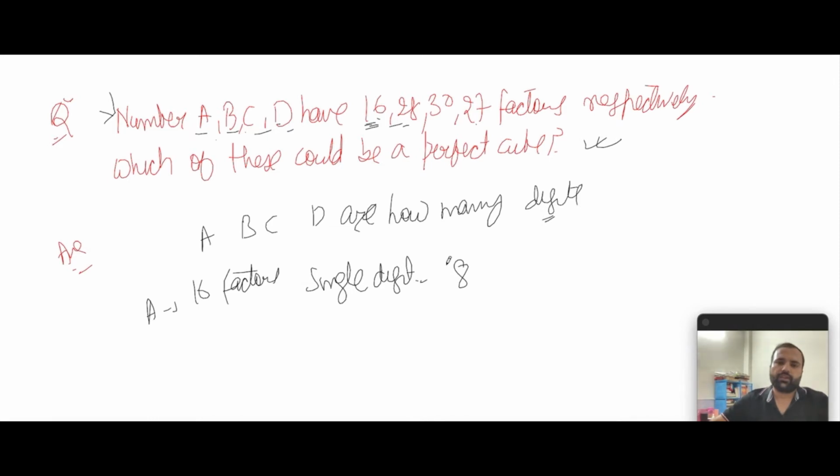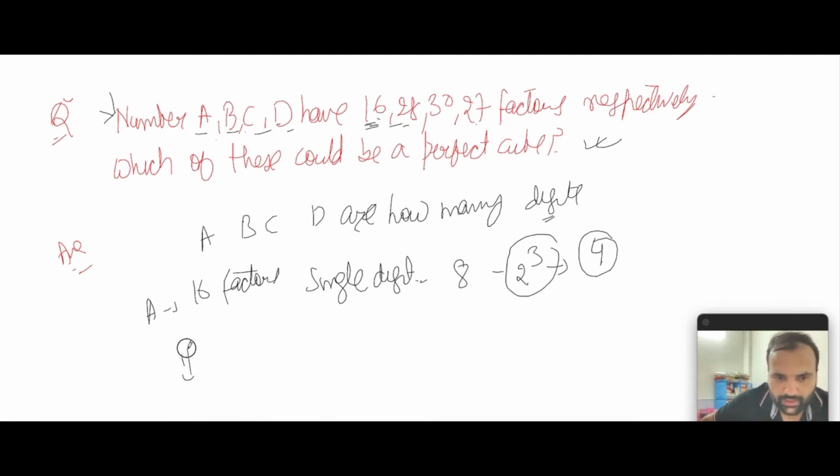Let's say it has 16 factors, which is sort of impossible, but still I'm taking an assumption. I'm looking for reasons why we cannot take 8. So 8 is 2 cube. Which of these can be a perfect cube? It cannot be, because if it is 2 cube, the number of factors would be only 4. So it cannot be a single digit number.